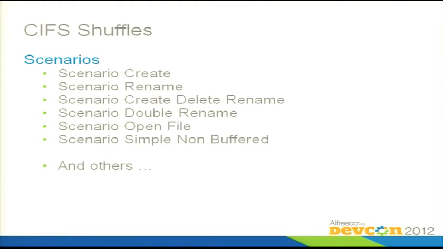The final scenario worth mentioning is the simple non-buffered. If you remember, I said each scenario has a priority. The simple non-buffered is the lowest priority, and that basically says if no other scenario does anything, I'll do the simple and stupid thing. So a create would be a create, an update would be an update, a delete would be a delete.